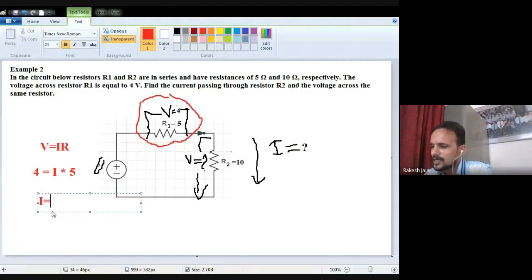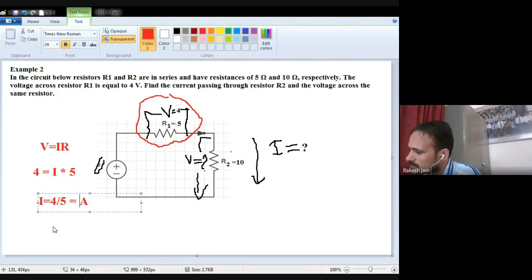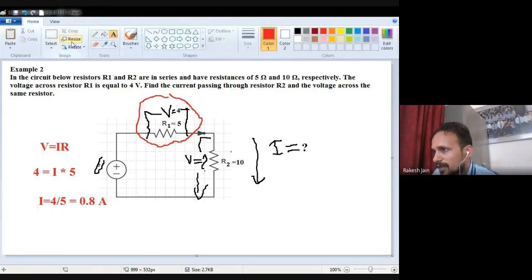Current is 4 divided by 5, that is 0.8 ampere. So the current that passes through this R1 resistor is 0.8 ampere.